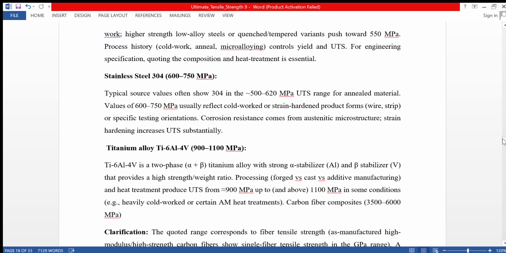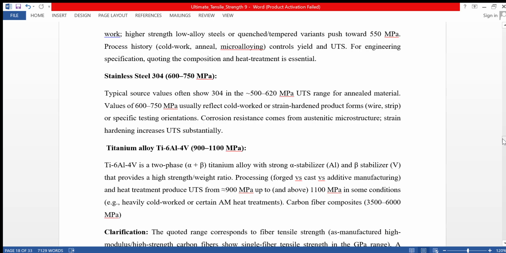Stainless steel 304. Typical sources often show 304 in the approximately 500 to 620 megapascal UTS range for annealed material.